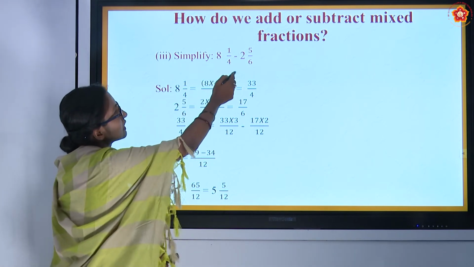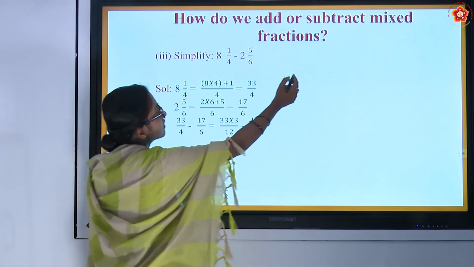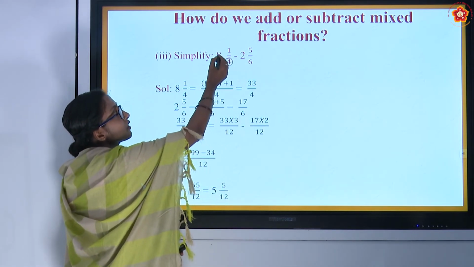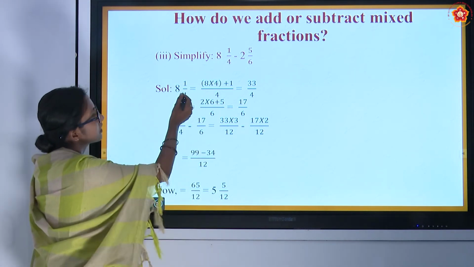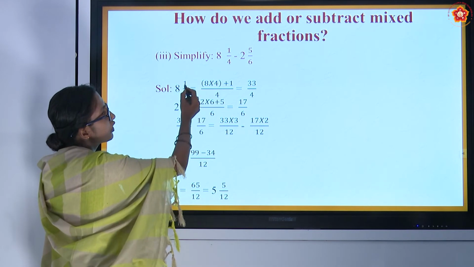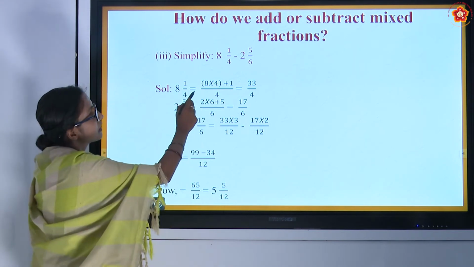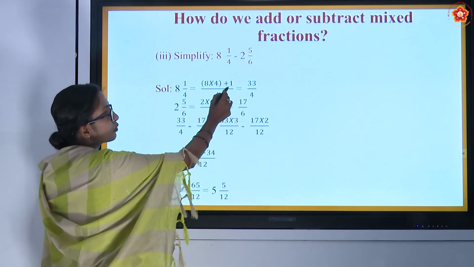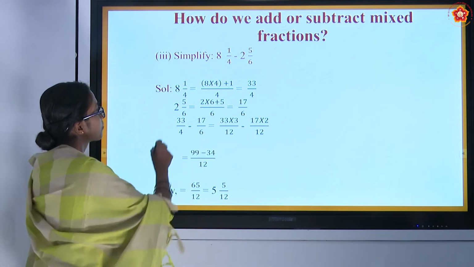We need to convert it. How do we do that? 8 fours are, we need to multiply the denominator with the whole and then add 1. 8 into 4 plus 1, denominator as it is, 4. Then 8 fours are 32. 32 plus 1 is 33 divided by 4.